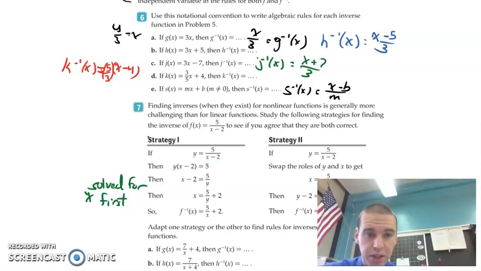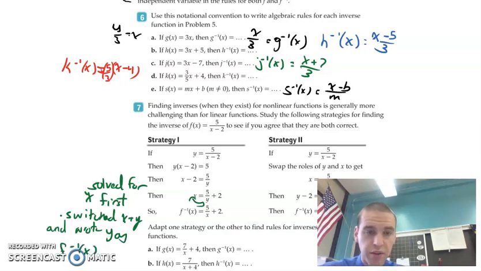And then what we did in 6 was we said conventional mathematics says you don't have y as the independent variable, and therefore we switched x and y at the end. Notice that we switched these and wrote y as f inverse of x to show that we've solved for the inverse function.